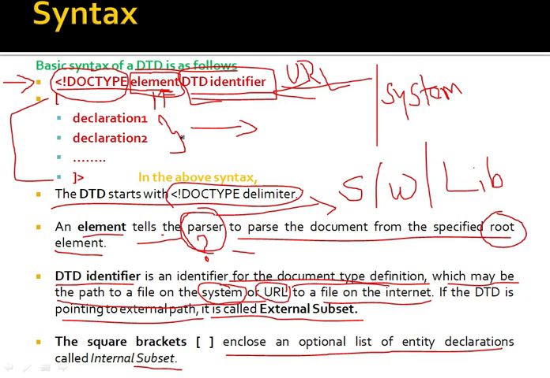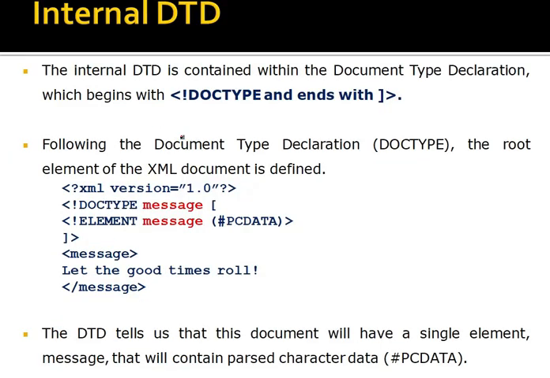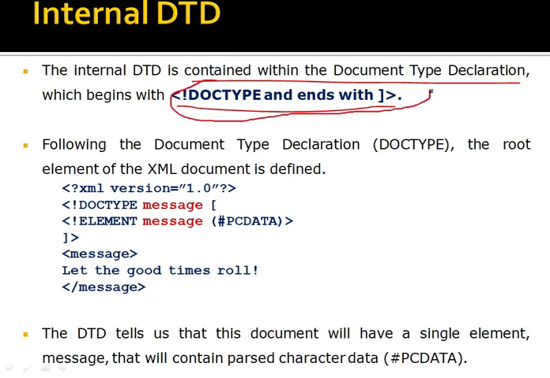That is the syntax. Now we will see the internal DTD. The internal DTD is contained within the document type declaration, which begins with the doc type and ends like this.